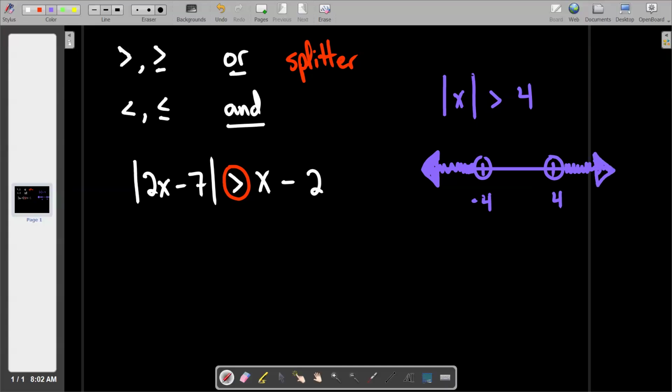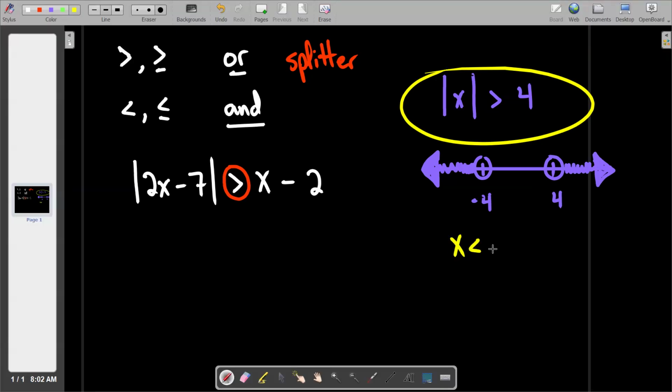All those numbers in the arrows on the outside are numbers that have absolute values greater than 4. So if we were to write this out as a splitter, we could say that x is either less than -4 or x is greater than +4.